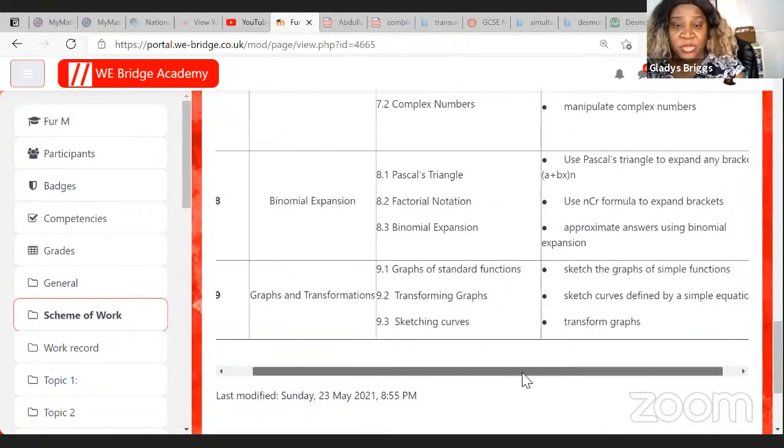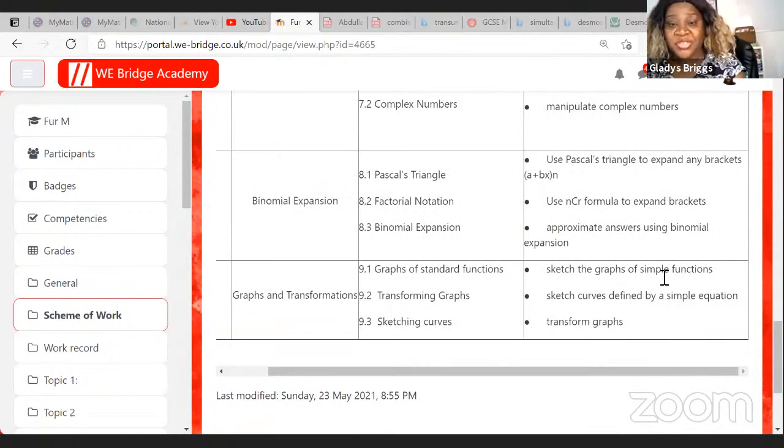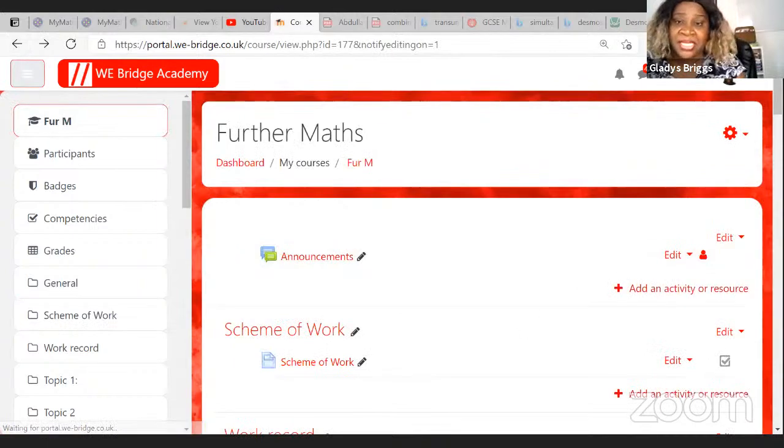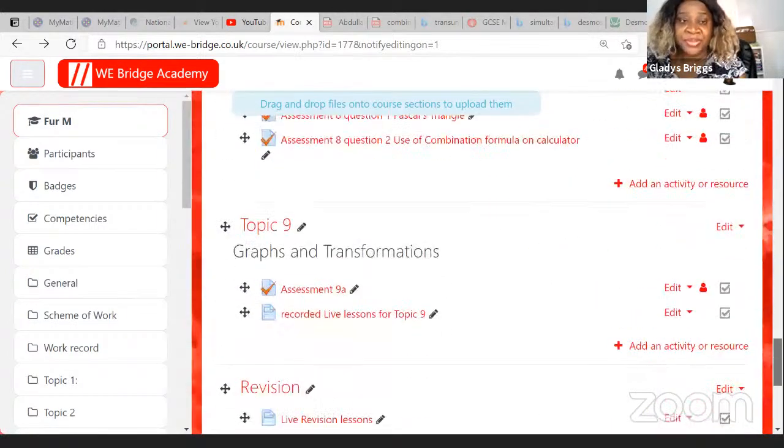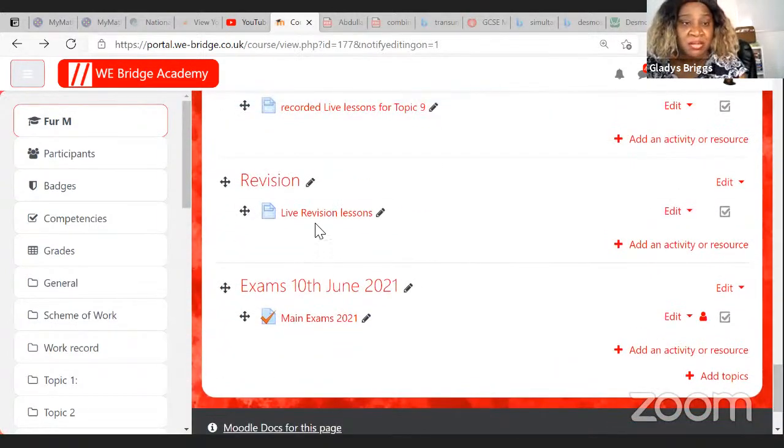You should be able to sketch the graphs of simple functions, sketch curves defined by a simple equation, which is the one that I tried to show you, and then transforming graphs.